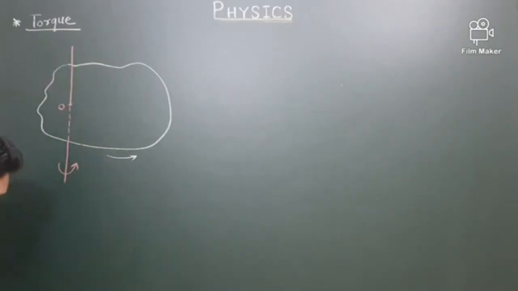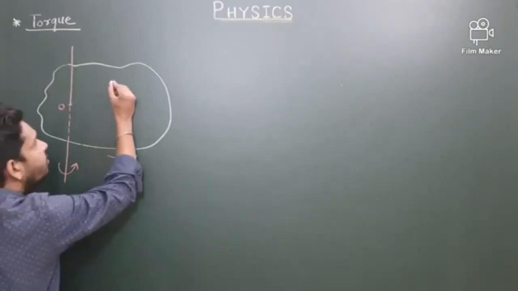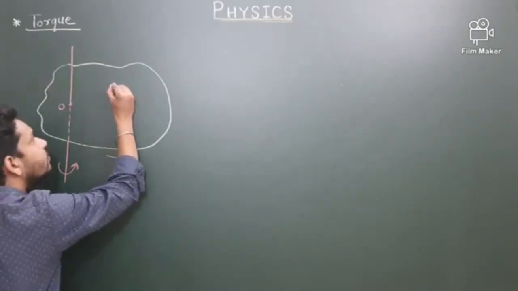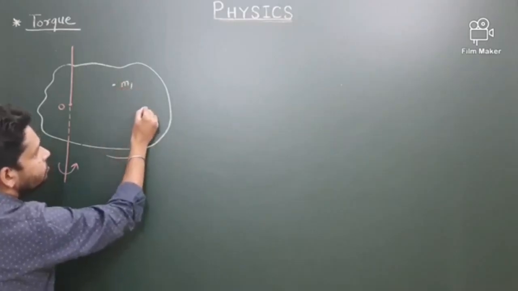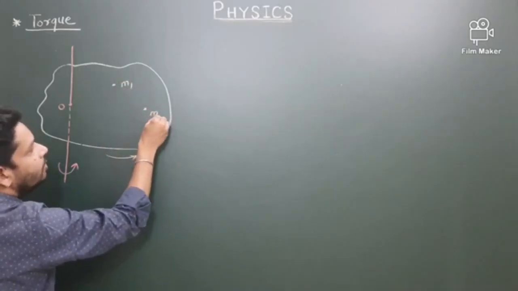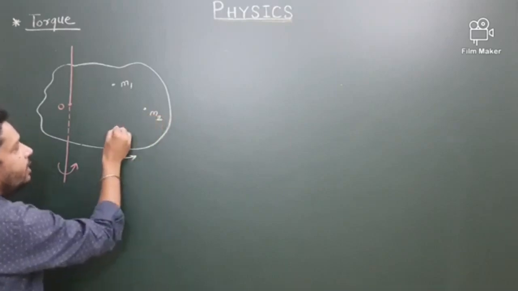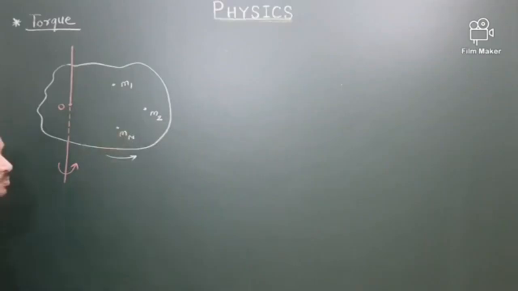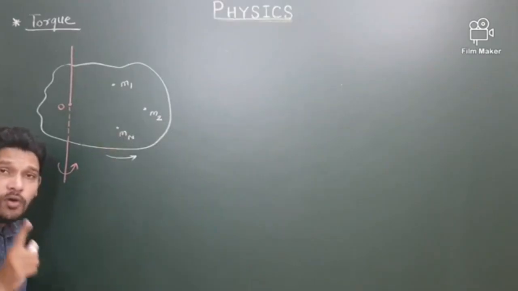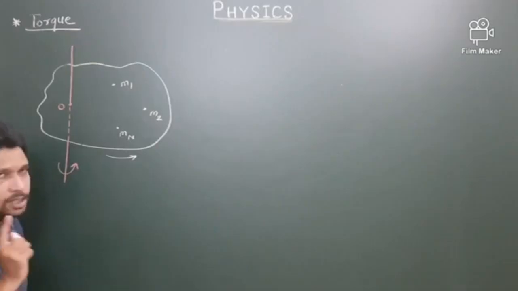Now this body is made up of n number of particles. This is the first particle whose mass is m1, the second particle whose mass is m2, and like that there are n number of particles up to mass mn. It means there is a non-uniform distribution of mass inside the body.